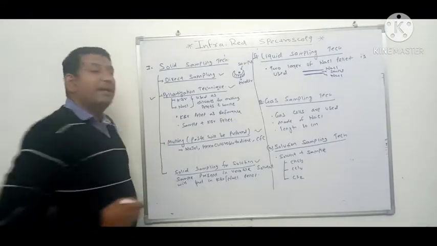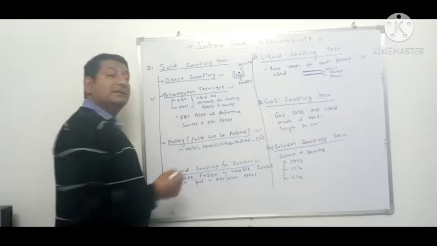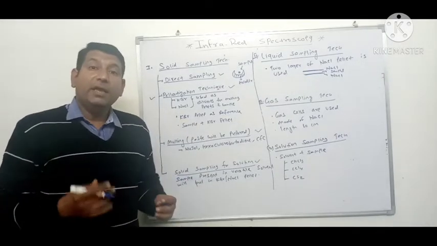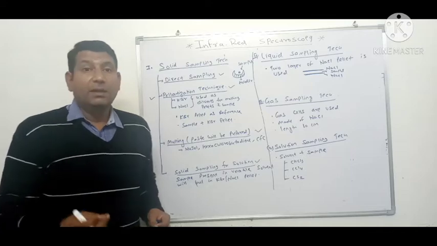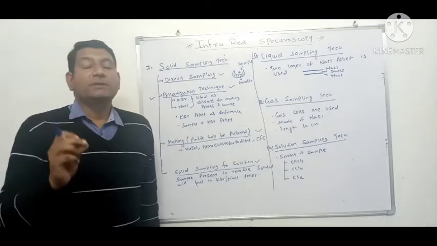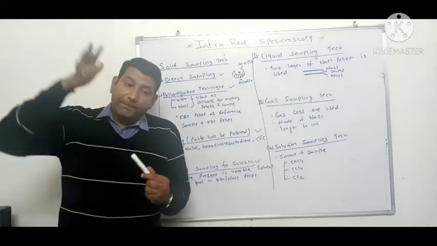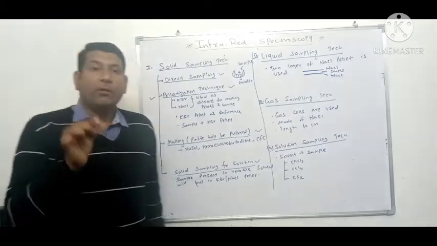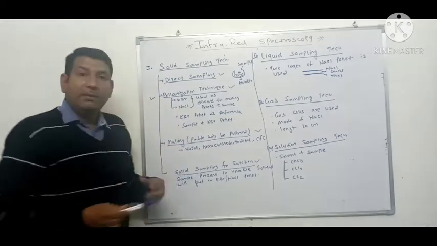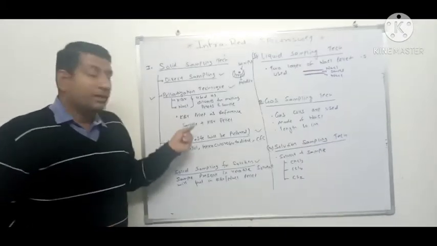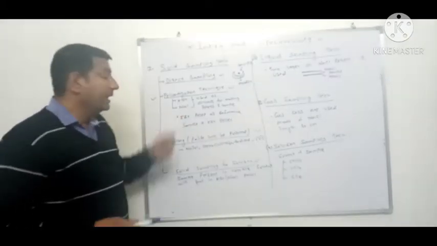The second technique is the pelletization technique. As the name suggests, it is a technique in which we form pellets. Pellets are a type of tablet formed by compressing a powder. Pellets can be made using alkali halides like KBr and NaCl.